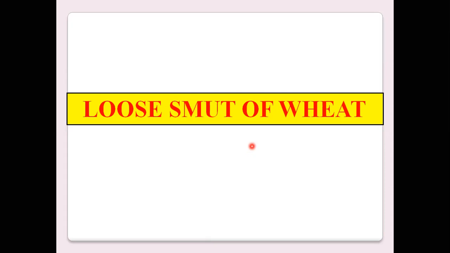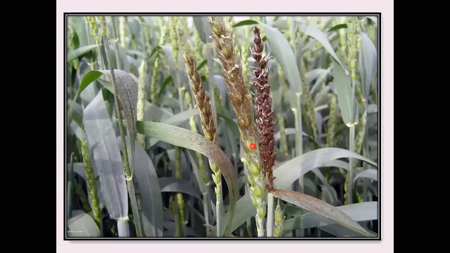So the mycelium grows along with the plants, and when the panicle is produced, this mycelium reaches the ovaries. Means the first initial infection is generally seen at the time of the flowering period of the wheat crops.